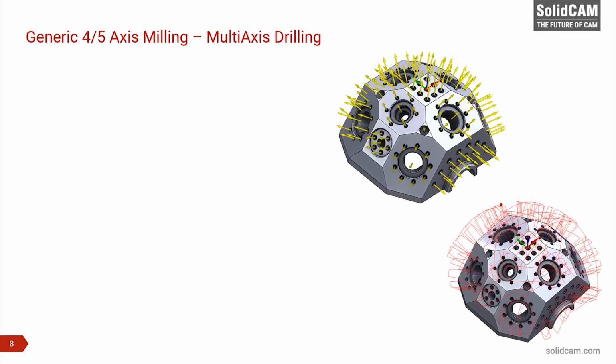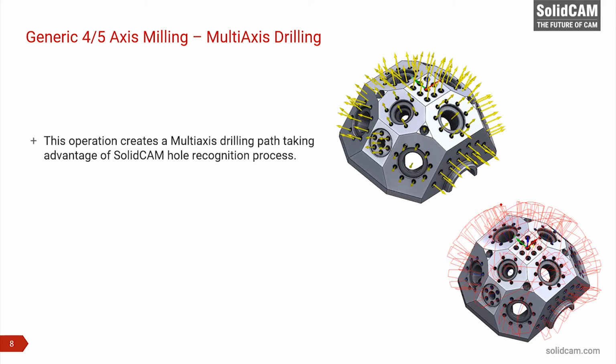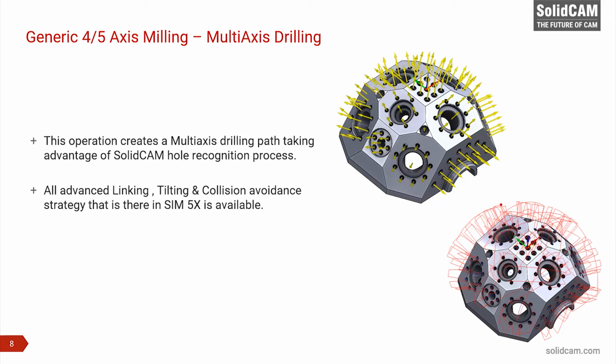When we move to multi-axis drilling, it takes advantage of the SolidCAM hole recognition process and combines the power of simultaneous 5-axis machining or 4-axis machining and the power of SolidCAM's hole recognition, and generates what we call a multi-axis drilling toolpath.